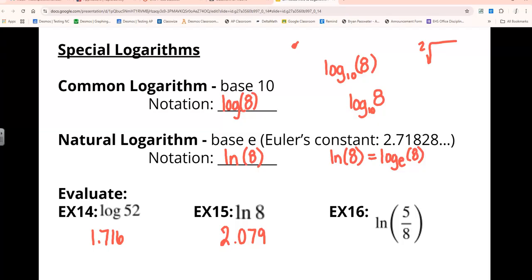And then for natural log of 5 over 8, you should get negative 0.470. Okay, any questions on typing that in, or are you done with that? And you can just type the letters, LN. You don't have to go into functions and find it, but you can just type the letters. That's the quickest way.